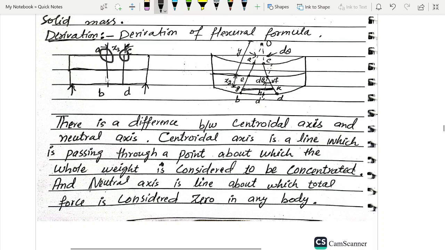Before loading, this fiber is just straight, and after loading, this fiber extended. As we know, this portion is in tension and this is extended. So G and K, this is the fiber we are interested in.